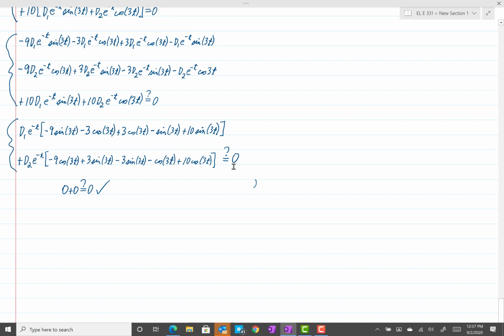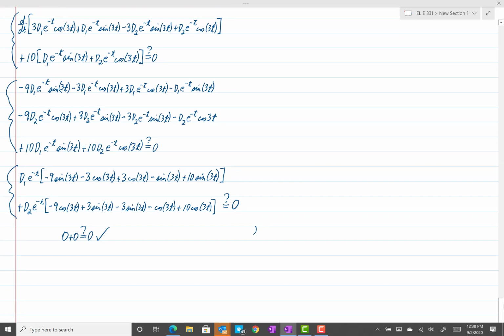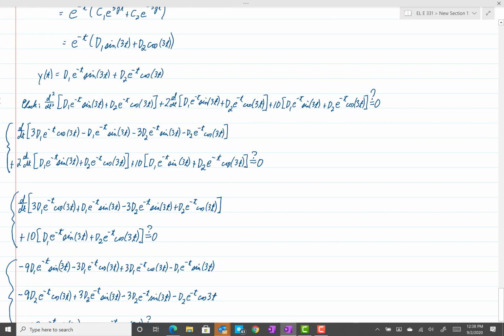And still on the right hand side I have equals question mark 0, but if you look carefully you will see that everything there cancels out, and so I'll get in the end, sure enough, 0 plus 0 equals 0, and that does check. And so therefore we conclude that this really is the correct solution, one way of writing the solution for this differential equation.